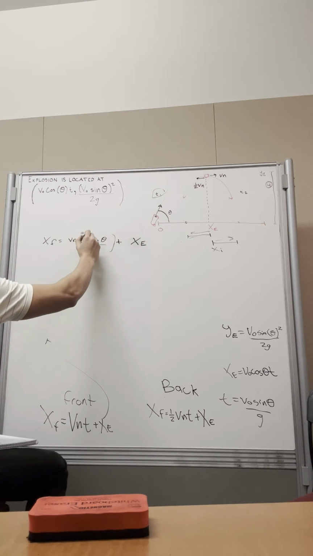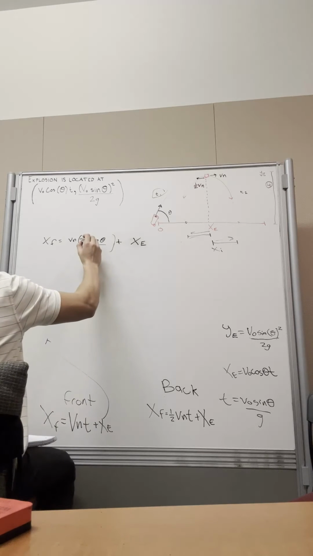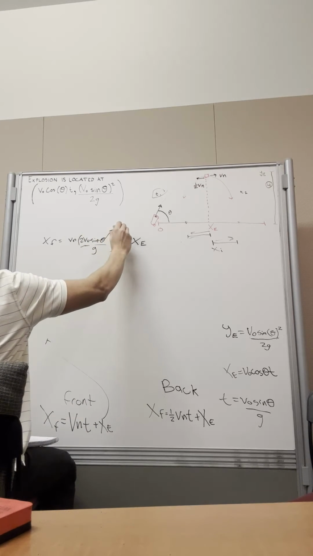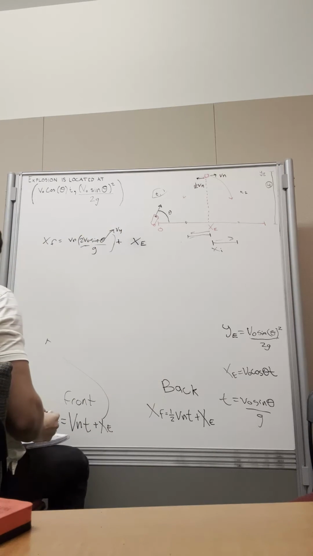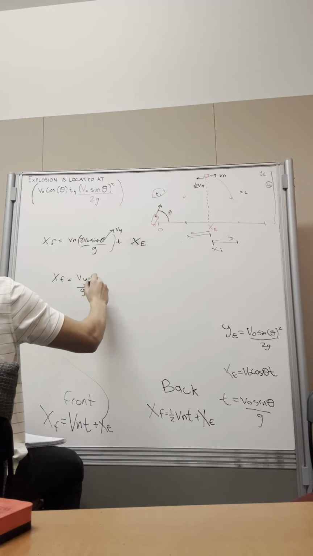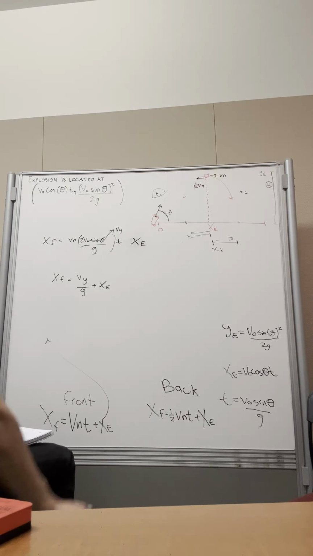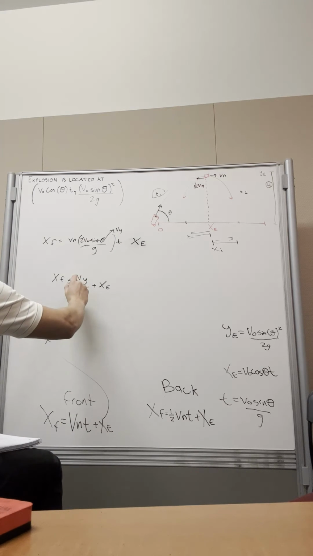So there's a 2 here. This right here is the same as our Vy. So we can just say x final is equal to 2 Vy over g plus xe. And that 2 stays in there.